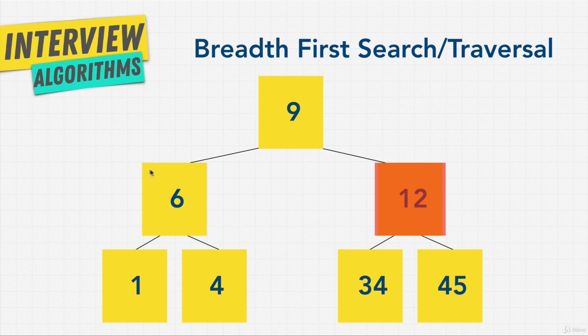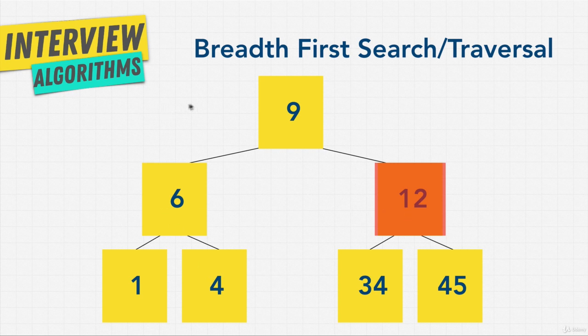So as it goes through this level, we need to keep a reference to all the children nodes of every node that we visit so that we can go back to them and visit 1 and 4. That's where the memory is coming from because we have to keep track of those children of the level that we're on.